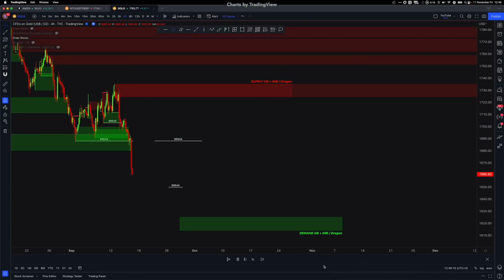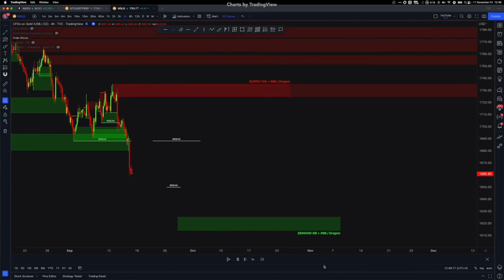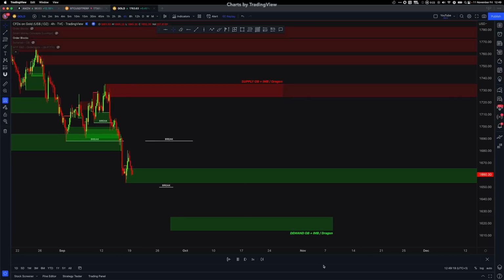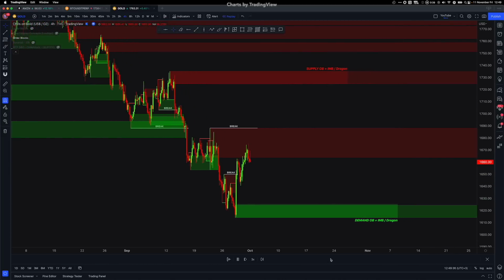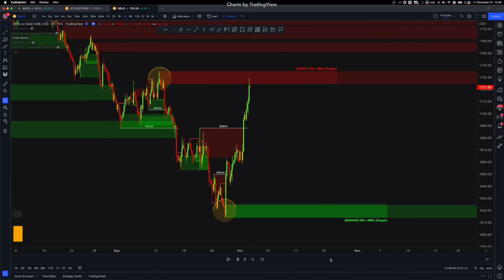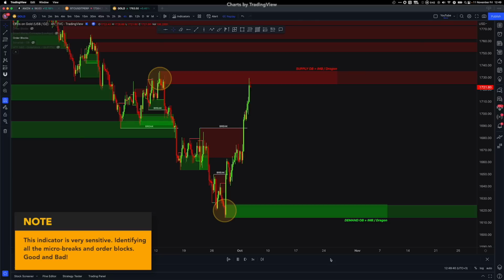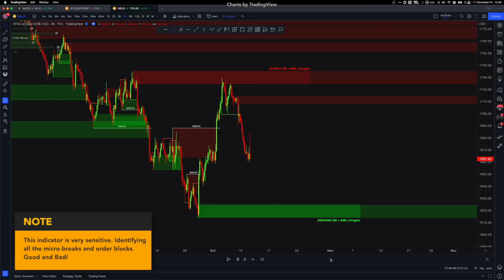Now, as you can see, this indicator identified my extreme supply area well. Okay, this is interesting. It identified both my extreme supply and demand, and it did a good job. However, it is quite sensitive, identifying all the micro order blocks within my general area.